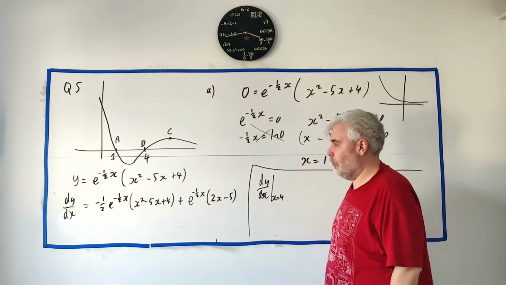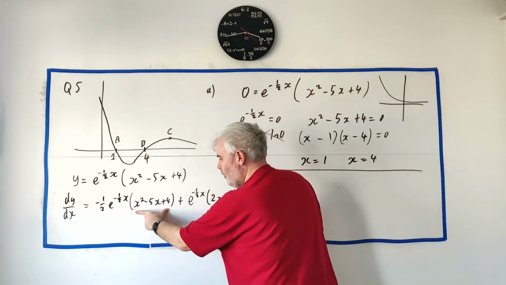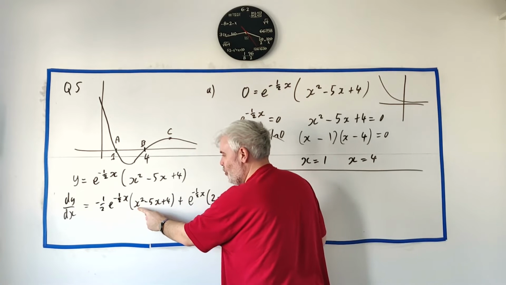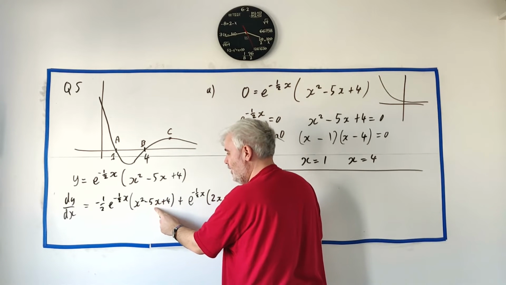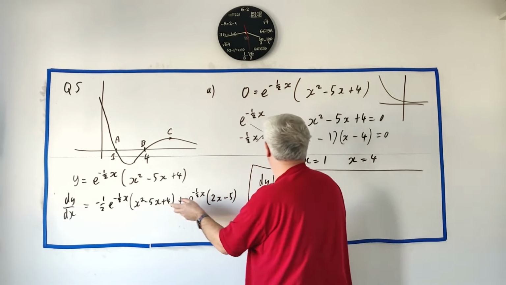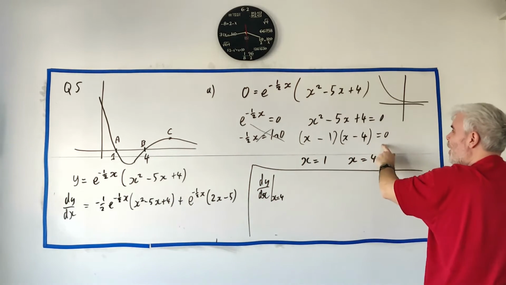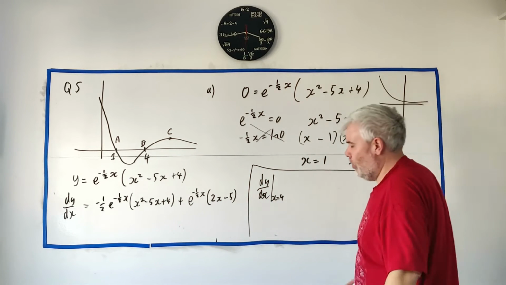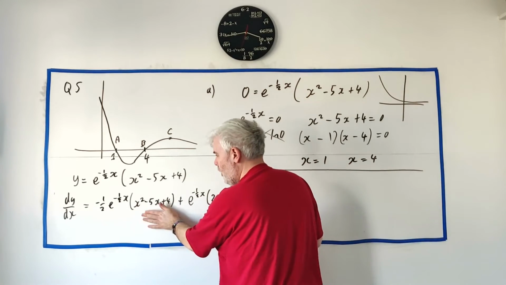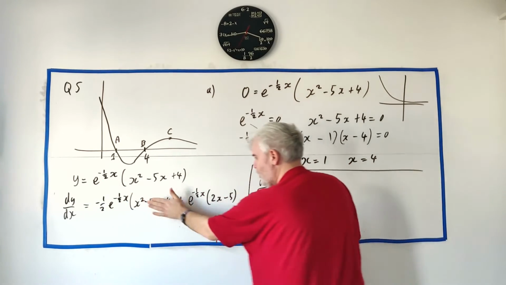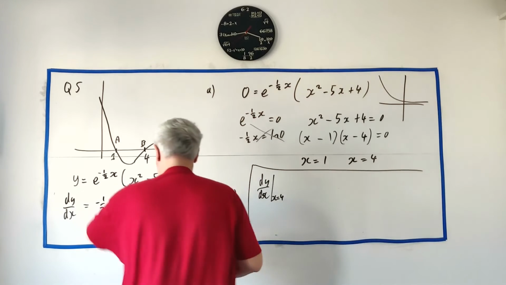The reason I think I'll have room is if you put 4 into this one, 4 squared, 16 minus 20 plus 4, 0. I know that because we just found out 4 makes this 0. So this guy's 0. 0 times this guy, that's all 0. Let me do it this way.